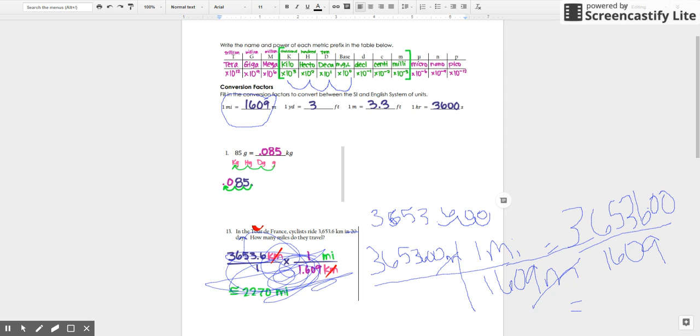So I have 36,536,600 divided by 1609. I would have... So I know that for every this many kilometers, it is this many miles.